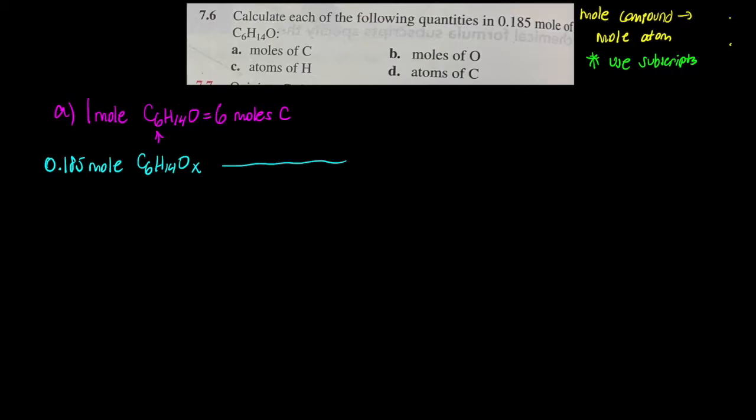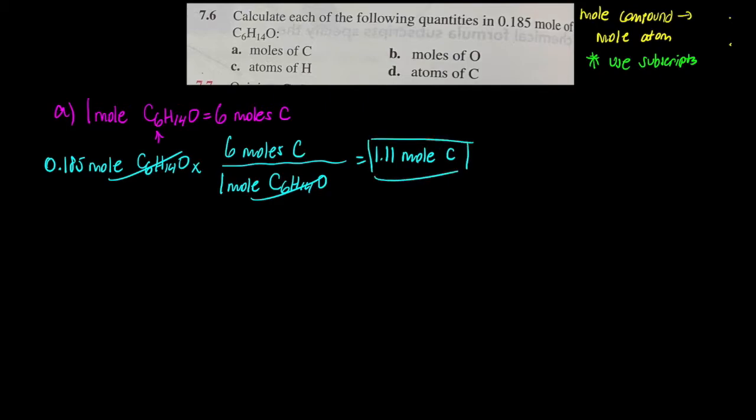The 1 mole is going to be on the bottom of this chemical, C6H14O, and that leaves us with 6 moles on the other side of the fraction. So the moles of this compound will cancel, and we'll be left with moles of the atom. Let's multiply this out on our calculator, round it to 3 sig figs, and we get 1.11 mole of carbon.